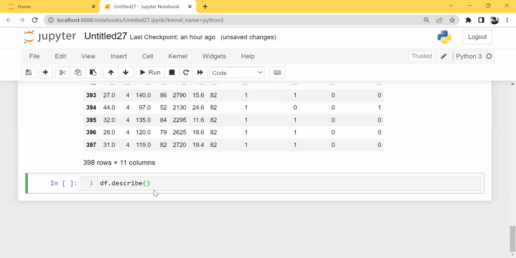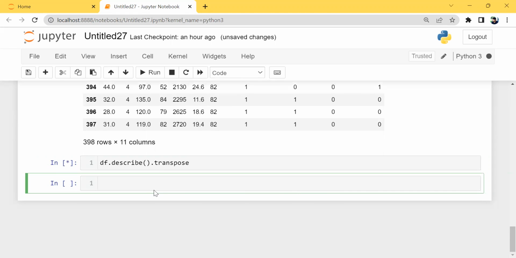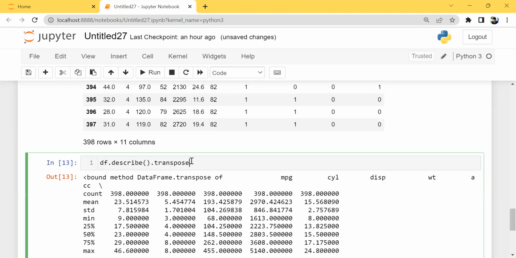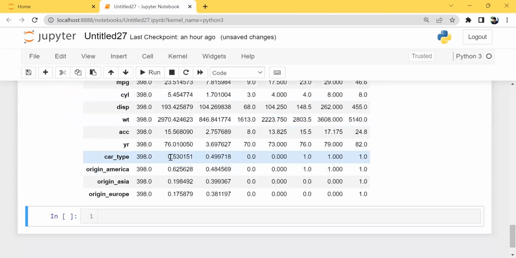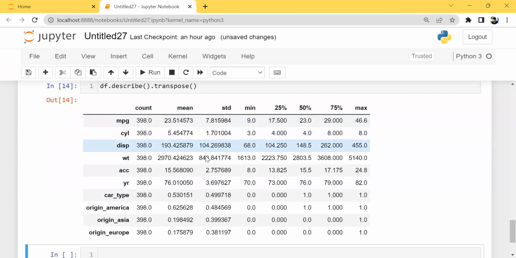So if I use this, I'm getting the entire data with meaningful information.